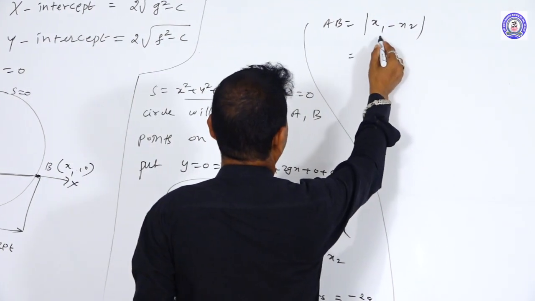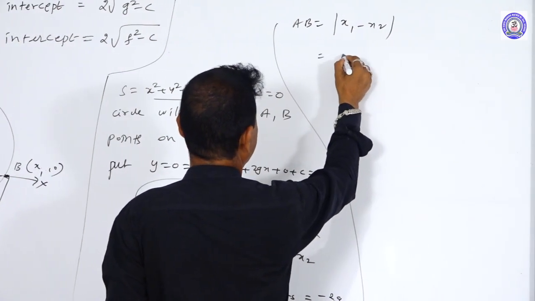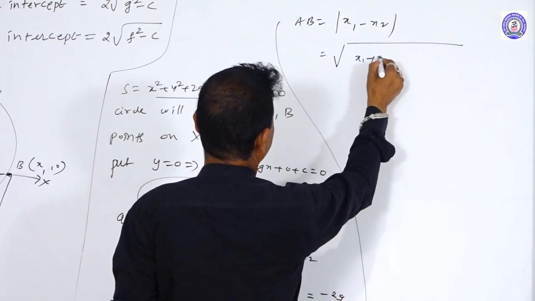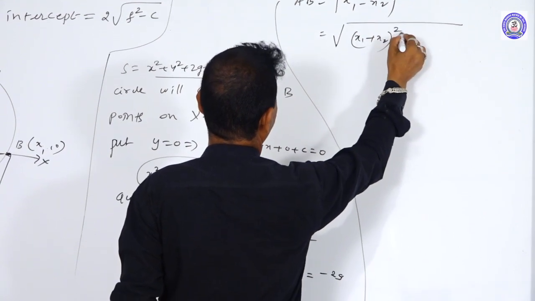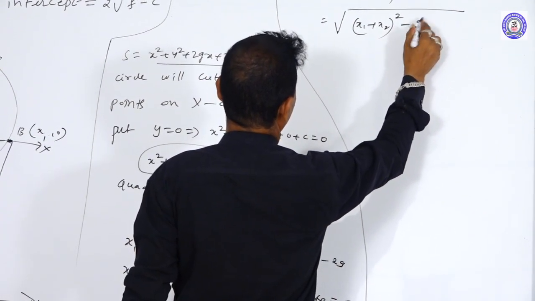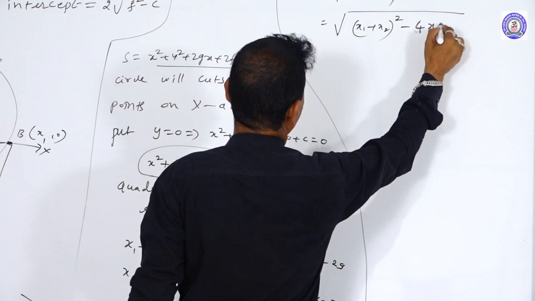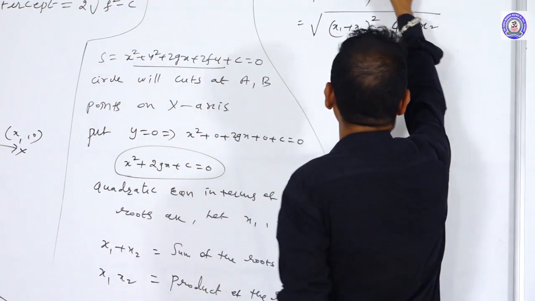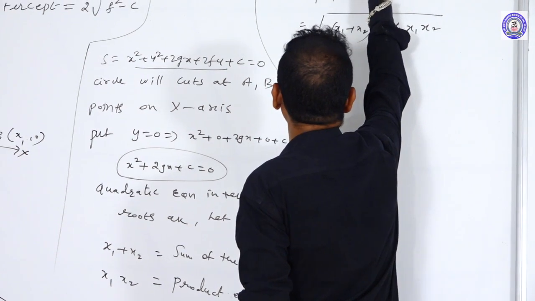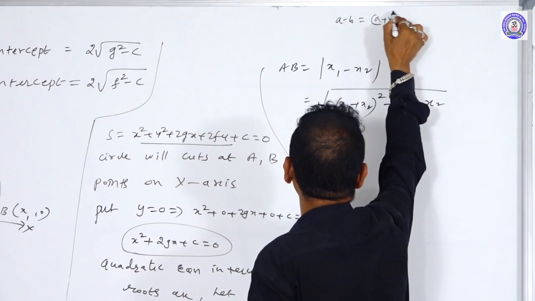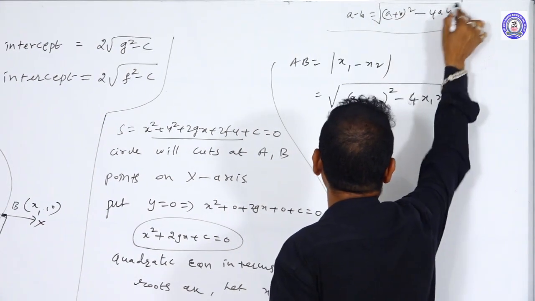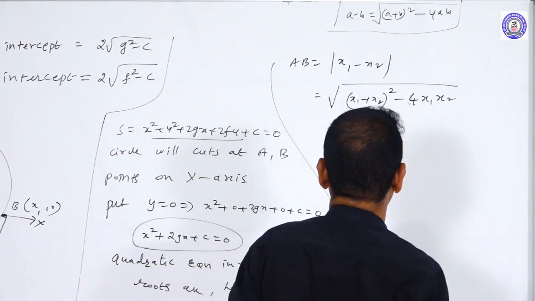Next, a minus b is written as under root of x1 plus x2 whole square minus 4 x1 x2. One formula is there: a minus b is equal to root of a plus b whole square minus 4ab. This is one formula in the 11th standard.